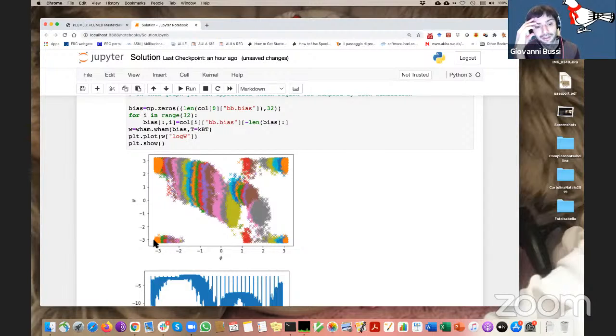The reason is that in one dimension, typically, let's say you have state A, state B, and you want to explore all the points between A and B. They are all relevant. And here maybe we exaggerated, also exploring the other barrier, which is higher, the one at plus and minus pi. But in 1D it's easy to place these restraints.